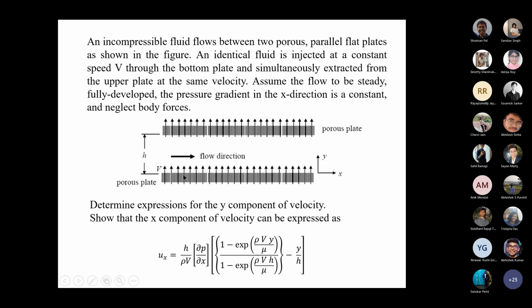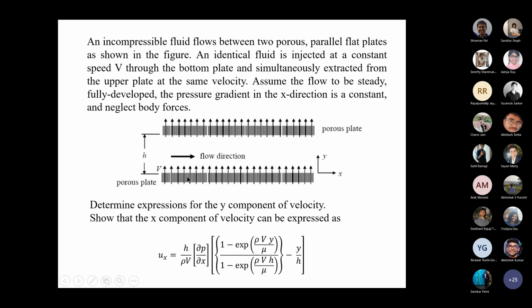So Vx is 0, but Vy for this specific problem may not be 0. This is an assumption where we assume that the upward flow in the y direction does not affect the no slip condition in the x direction, which is true for most of the applications that we come across.